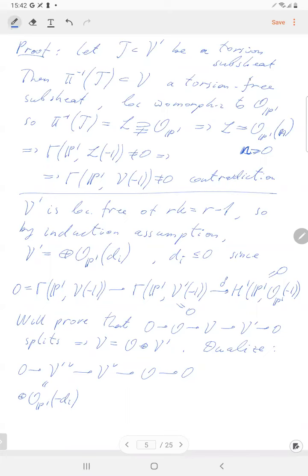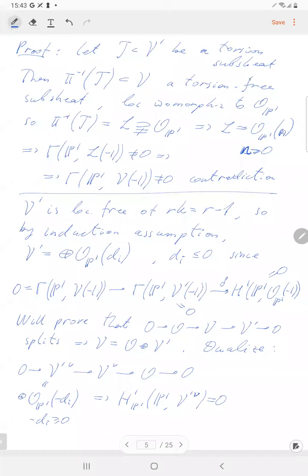We had that d_i's were all negative, so negative d_i's are all positive. Okay, fine, but this implies that the first cohomology of V prime dual vanishes.